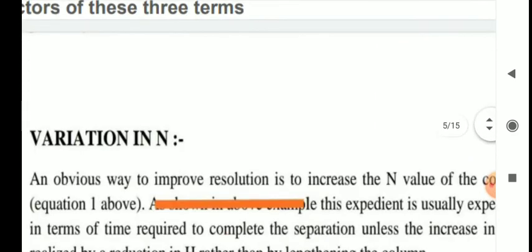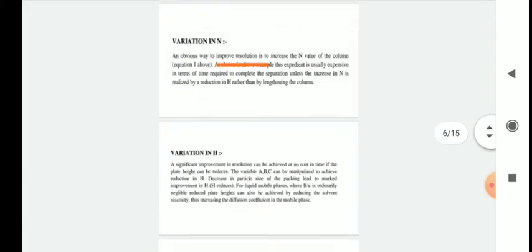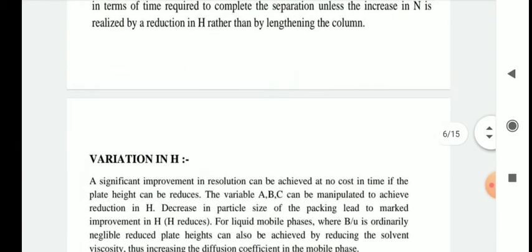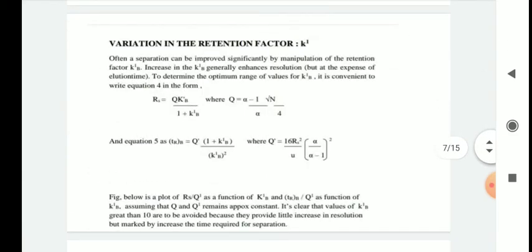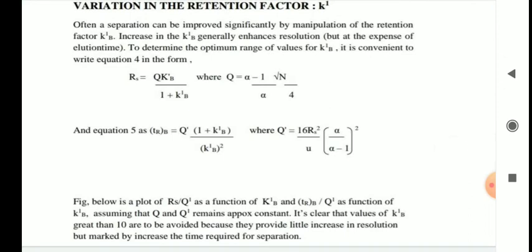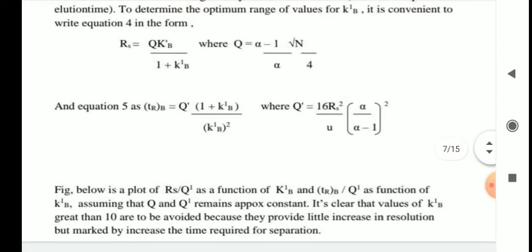There's a mistake there. This is 1 plus k dash b cube. TRB is equal to q dash into 1 plus k dash b cube upon k dash b square, and where q dash is 16 Rs square upon u into alpha upon alpha minus 1 square.